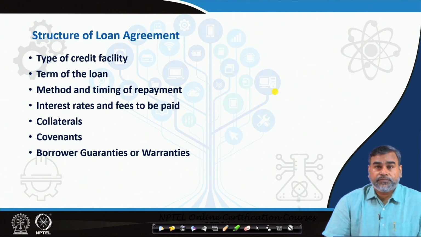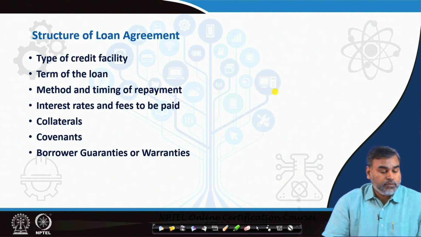Interest rates, how much interest rate will be charged, what collateral will be used, whether there are any covenants, any restrictions imposed, and the borrower's guarantees and warranties if there are any. These are the different items that have to be recorded in the structure of the loan agreement. By that, the loan agreement can be designed in a proper way to provide the loan to the customers.